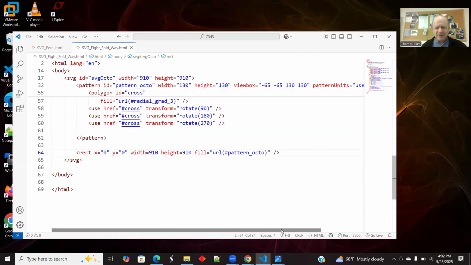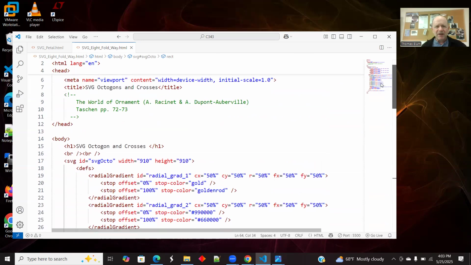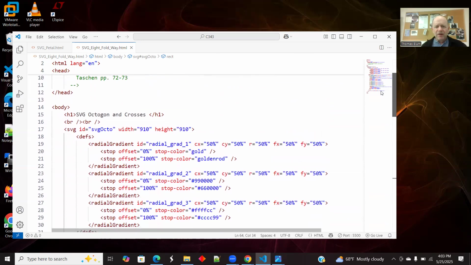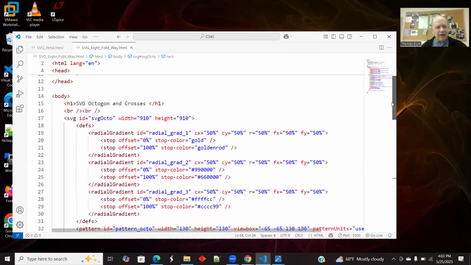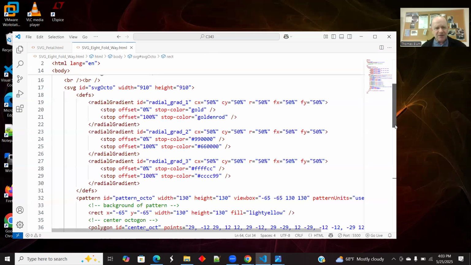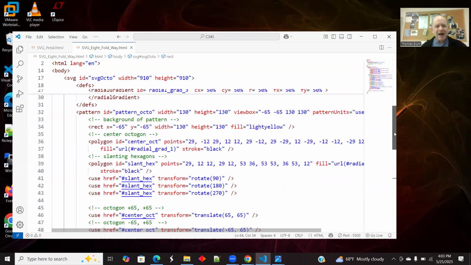So that's it for this one. I didn't use JavaScript this time. I just played with the numbers. I played with definitions to make various radial gradients. I played with pattern to make a unit that is then tiled.